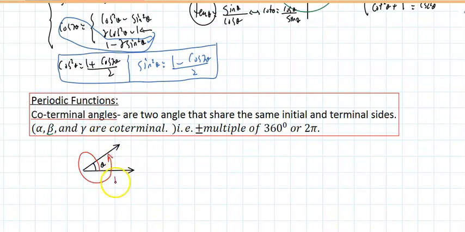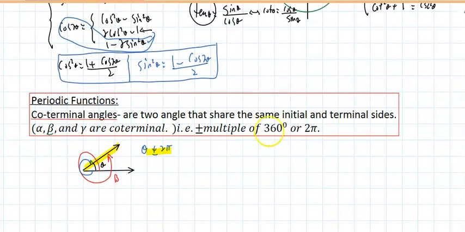This angle is coterminal to it, and this angle is coterminal to it. So if I take an angle theta, I add 2 pi or subtract 2 pi, I will get a coterminal angle. All it means is you remain on the same position, no matter what that angle is.